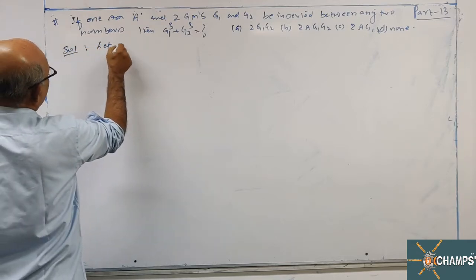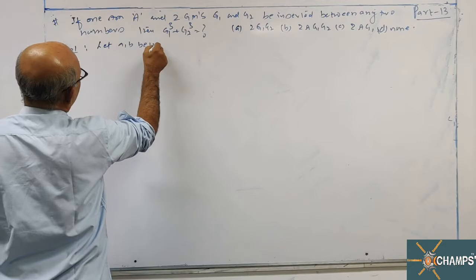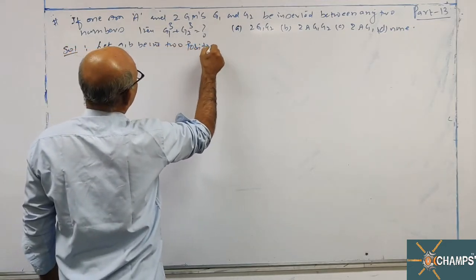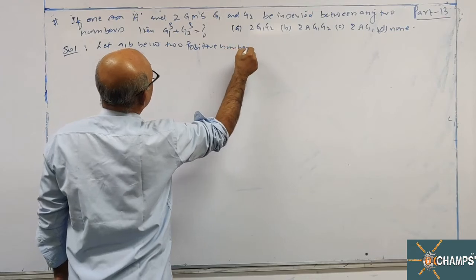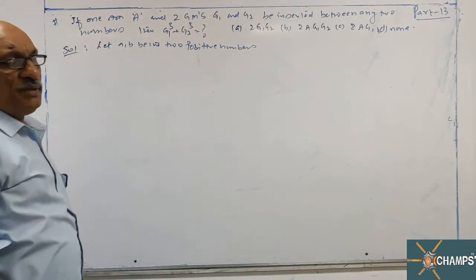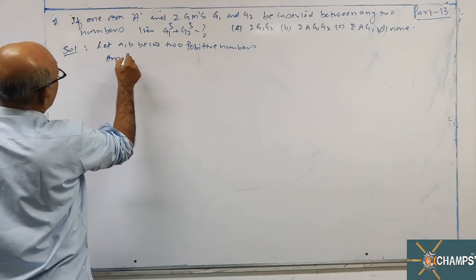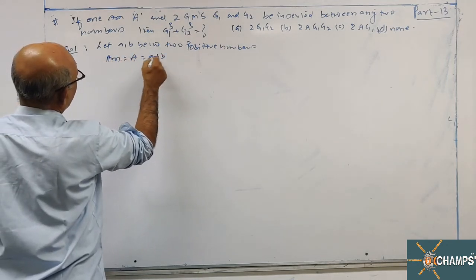Let a, b be the two positive numbers. So arithmetic mean A is equal to (a plus b) by 2.